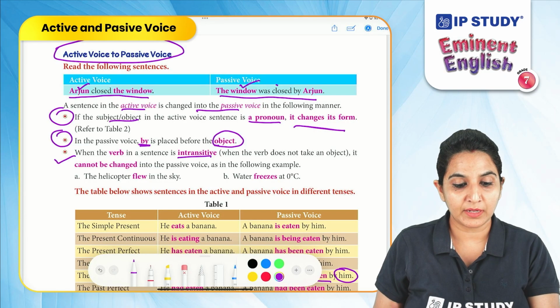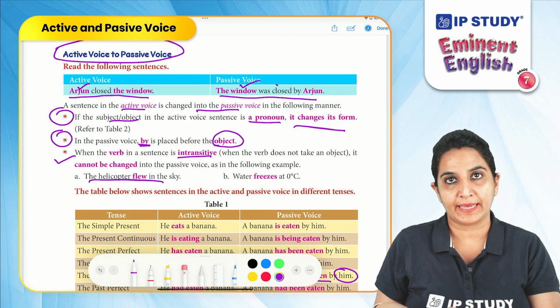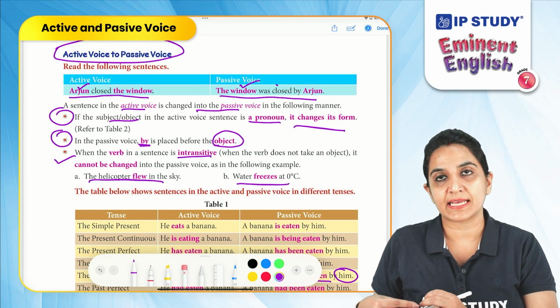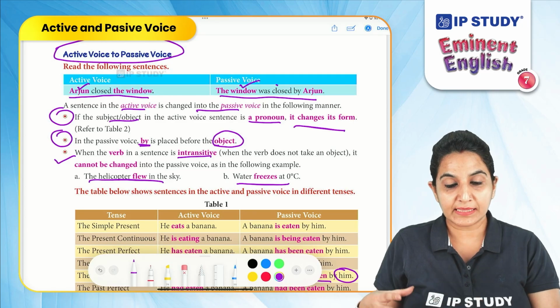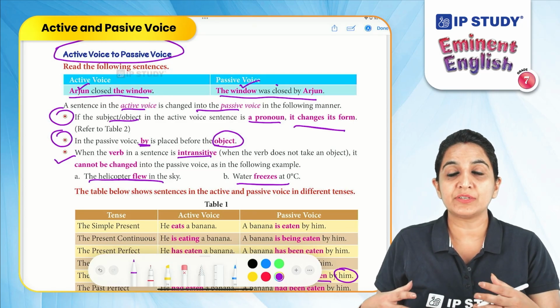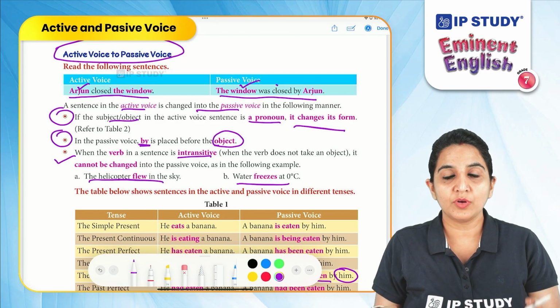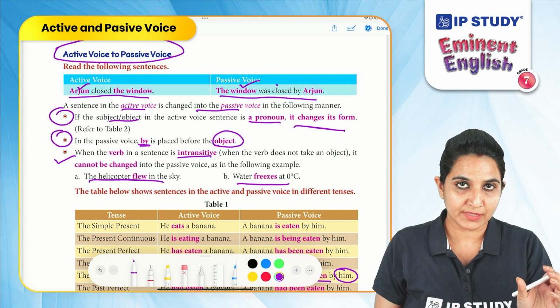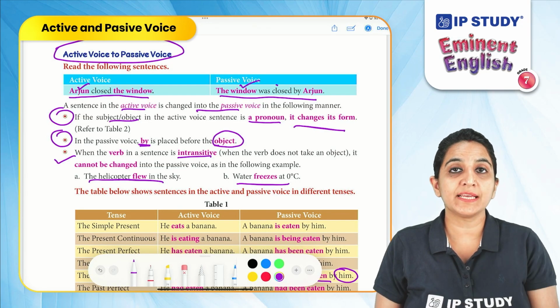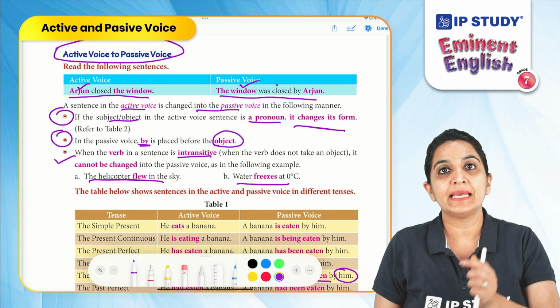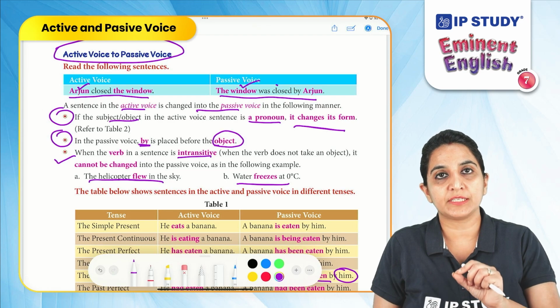For example, the helicopter flew in the sky. Water freezes at 0 degrees Celsius. These are examples of intransitive verbs. Because they cannot be changed, we simply do not change them into the passive voice.